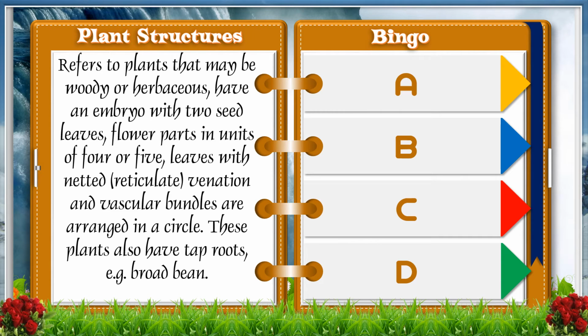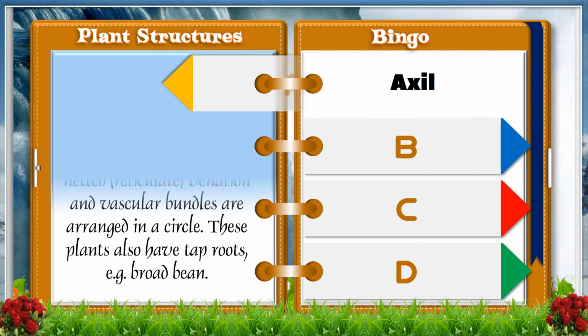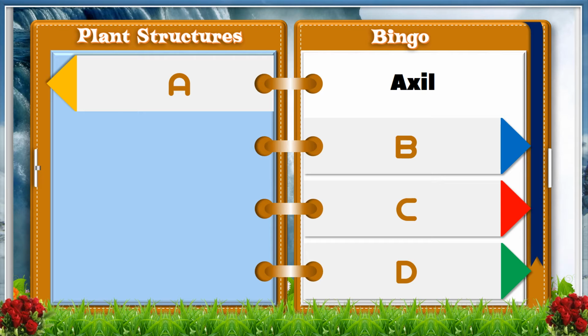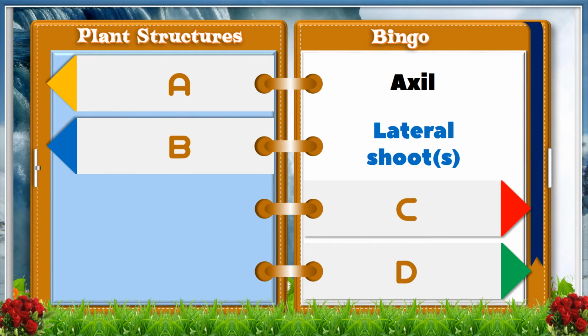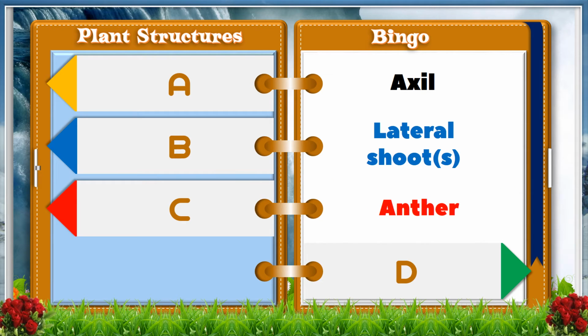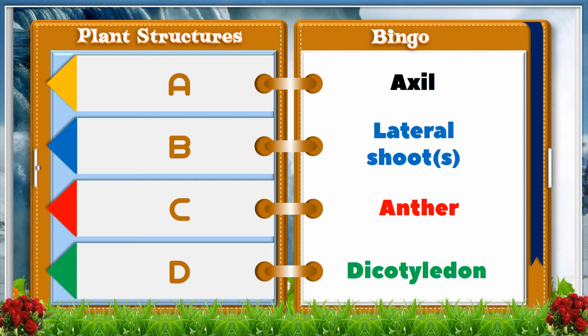These plants also have tap roots, for example, broad beans. A, axil. B, lateral shoots. C, anther. D, dicotyledon. And the answer is D, dicotyledon.